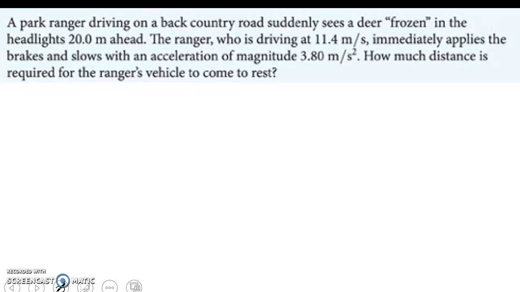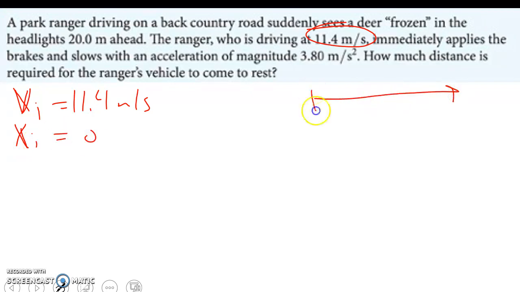A lot of information there. Let's take a look. Initial velocity, 11.4 meters per second. Initial position is 0, because we're going to start from where we're at. Even though it's 20 meters ahead, we're going to say initial position is 0. Final position, we're going to solve for.